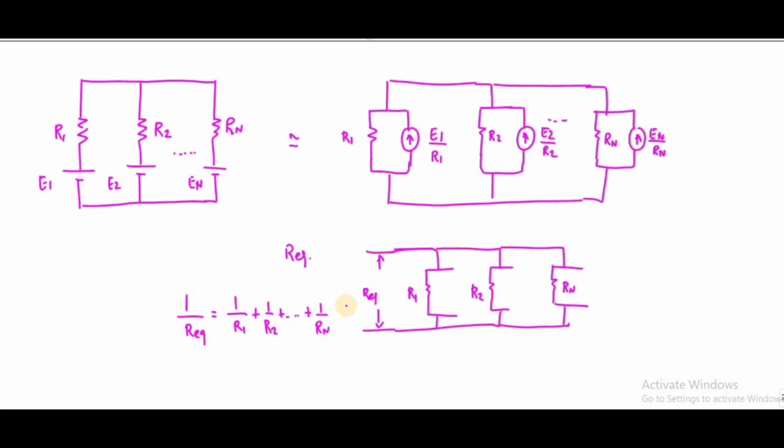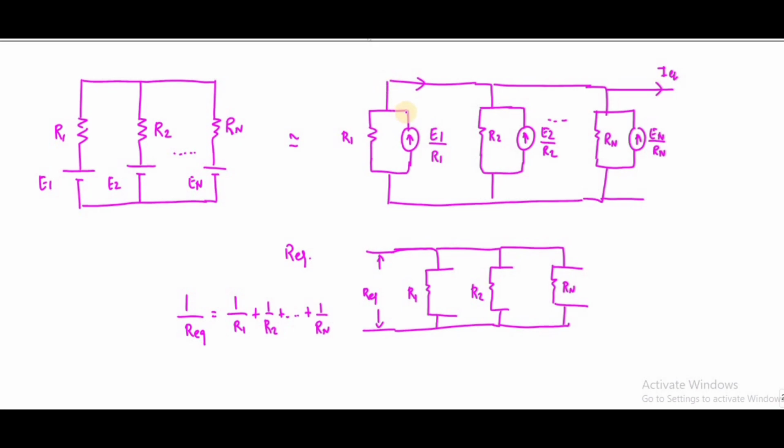And if I want to find the value of I equivalent, here you can see the current will flow through the minimum resistance.